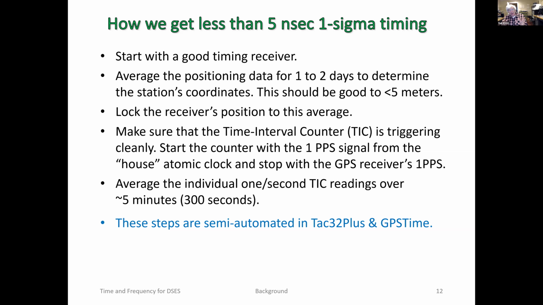And because of the diurnal nature of ionospheric delays, you should survey for about 2 days if you really want to get a decent survey. And we've already done that at the DSES.